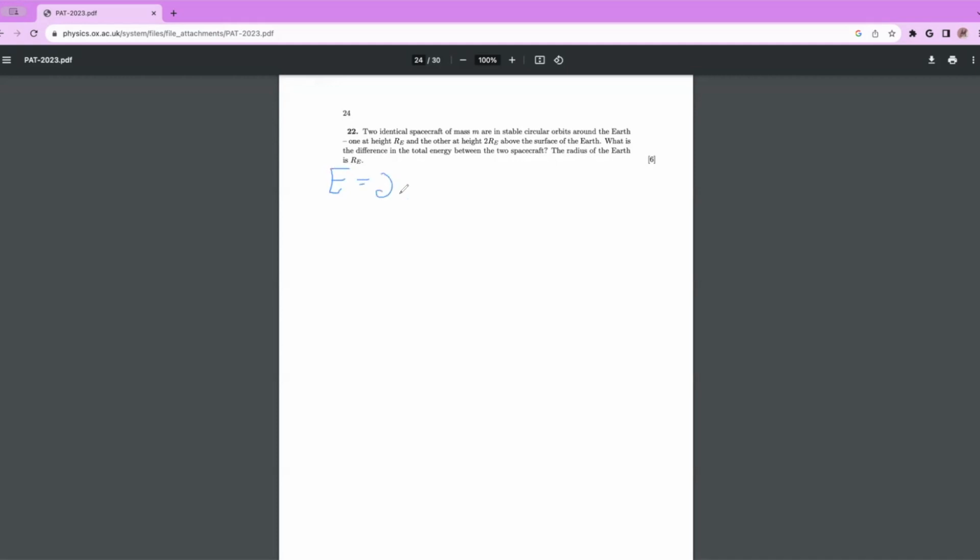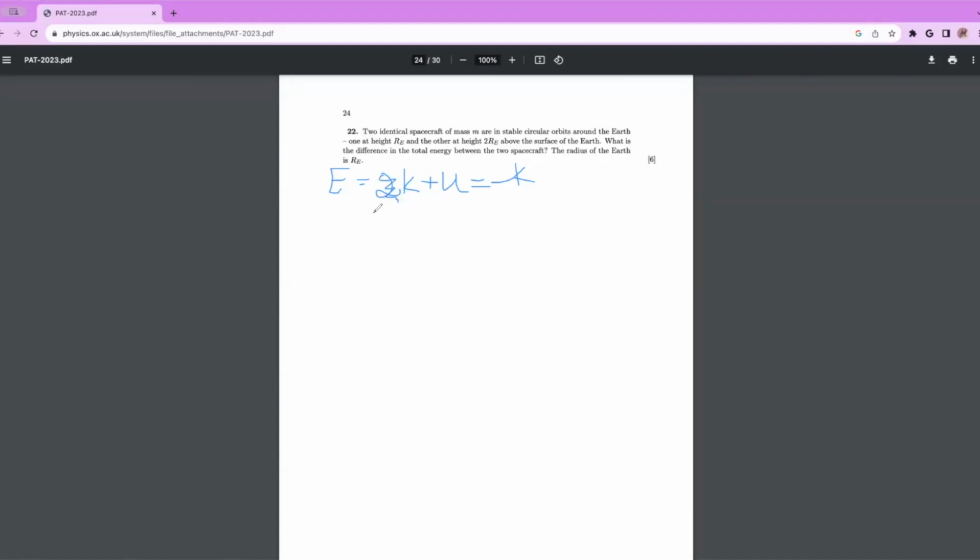So in orbital mechanics, I believe there is a fancy little formula that gives the energy of a satellite in orbit, and it's this. This is also equal to negative K, because kinetic energy plus, wait, no, it's not this, it's this.